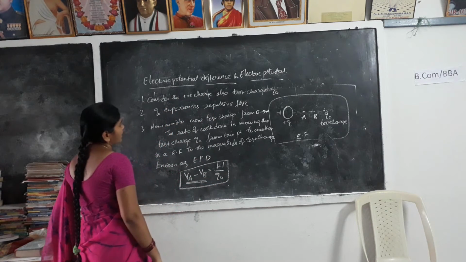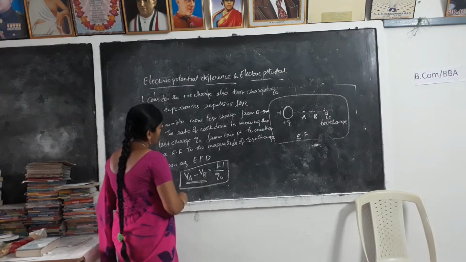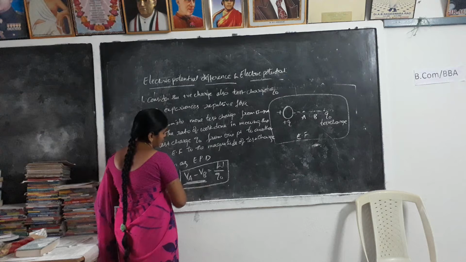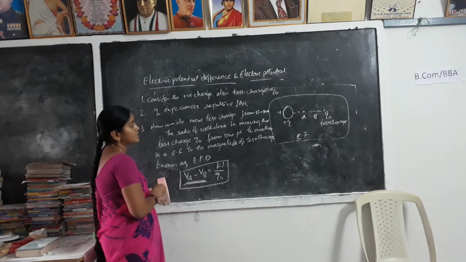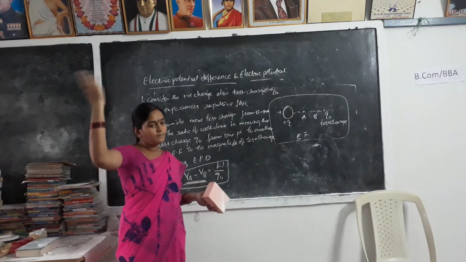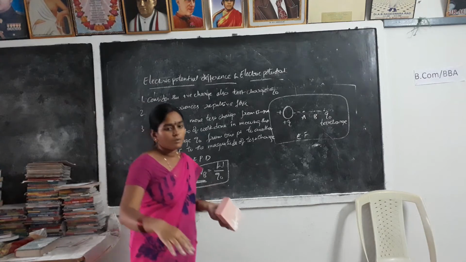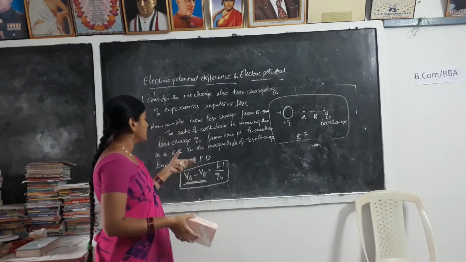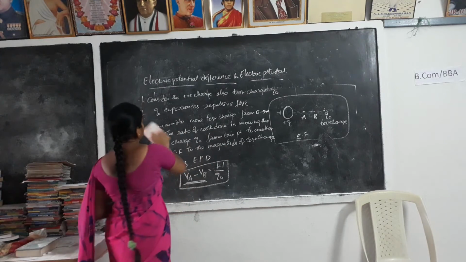Next, in order to explain electric potential, here we have 2 points now. So one of the points must be considered as a reference point. That means it is at infinity. Infinity means 0. So if we consider one of the points as reference point, then it equals 0.